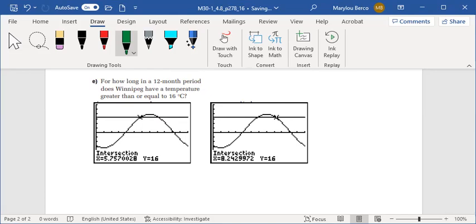Well, determine the points of intersection of the graph of the model and T equals 16. So what we have here is the average monthly temperature is greater than or equal to 16 degrees for approximately 8.24 minus 5.78, which is about 2.5 months.